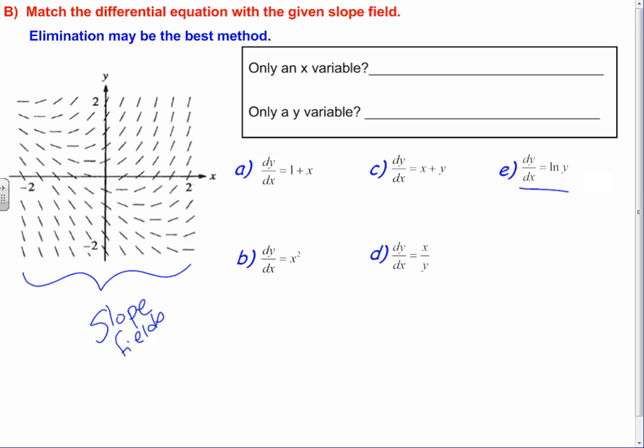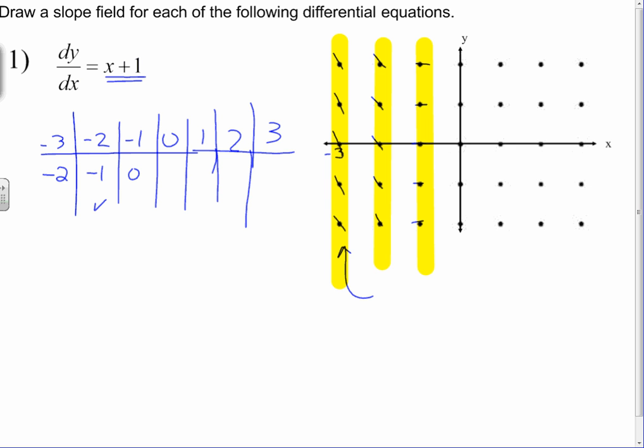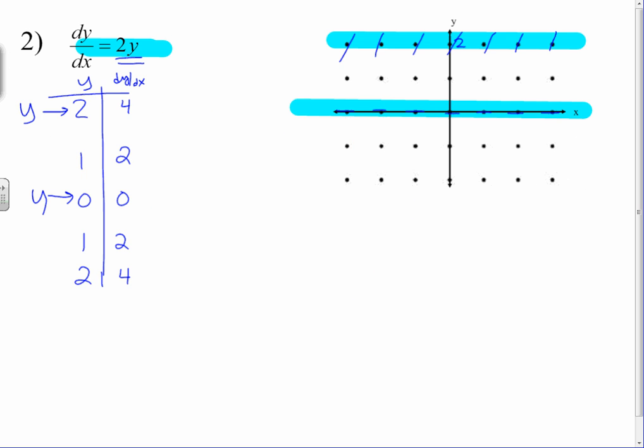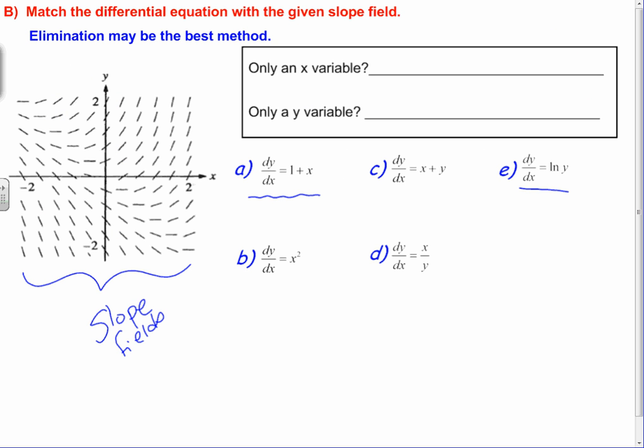So what I need to do is try to figure out which one is the one that represents that picture. If I only have an x variable, such as in this one, remember what we saw when we practiced with that number 1? The vertical columns are all the same. Only an x variable, vertical columns where the slope is the same.